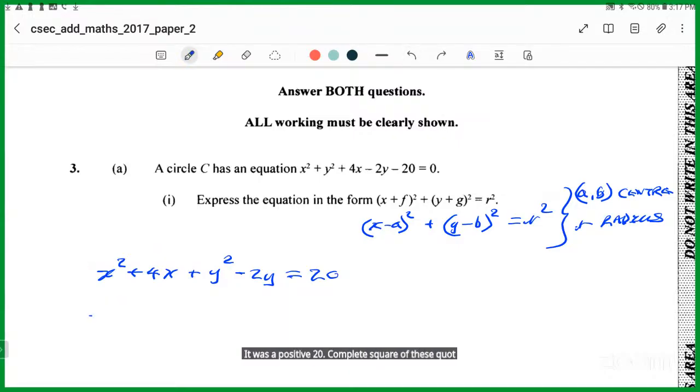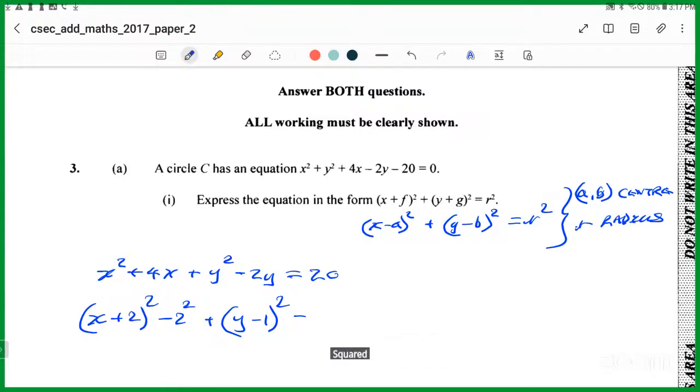So it's x, and half of this value is 2, squared, and you subtract the square of this value, 2 squared. Then for y, half of this is negative 1, squared, and you subtract the square of this value, 1, and that's equal to 20.